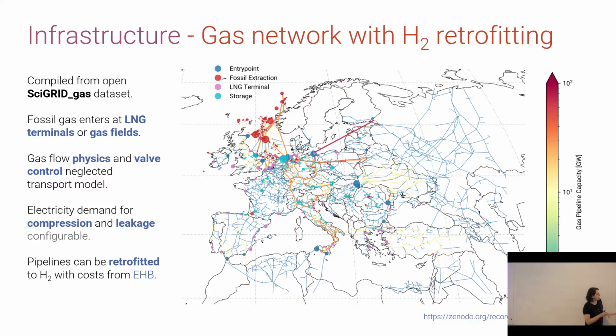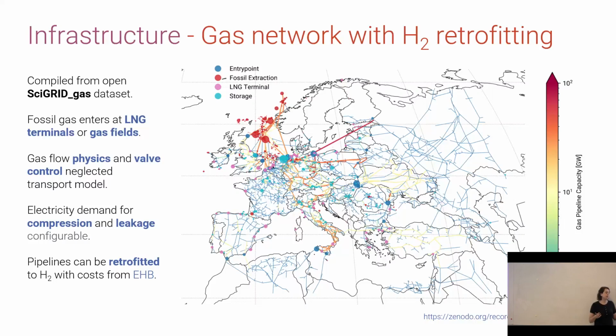And then there's the representation of how the gas is flowing. And I think we were having this discussion this morning. There's no representation of the real physics that govern the movement of a gas in a pipeline, right? So the Weymouth equation, that says the mass flow relates to the pressure difference at the extremes of a gas pipeline in a nonlinear way, so the terms are quadratic, is not represented.